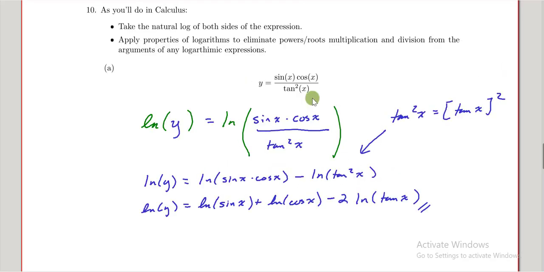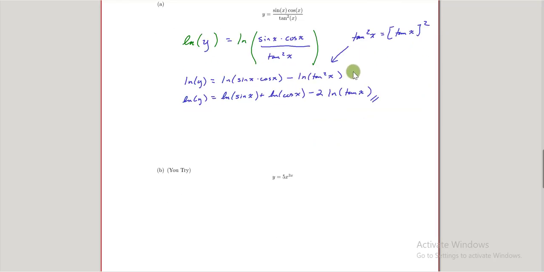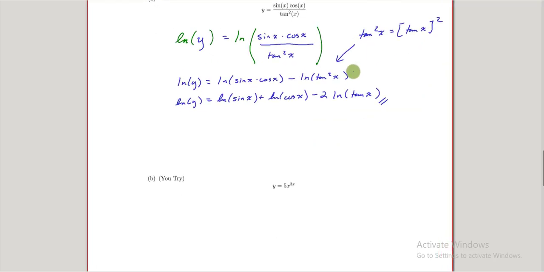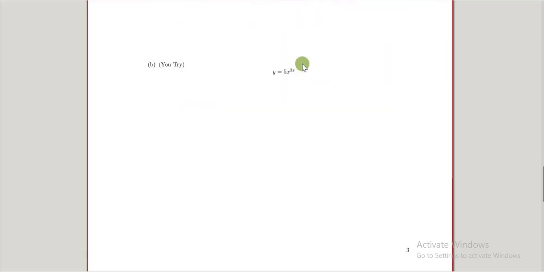Now, you can't just start breaking up this massive large expression, although if you argue there's some ways to factor it or clean it up, there definitely are. But a move that we're learning for the first time is to take the natural log of both sides of the expression. Then when we do that, we get to use all of our properties of logarithms to clean that expression up.